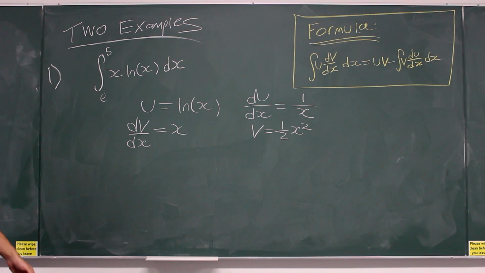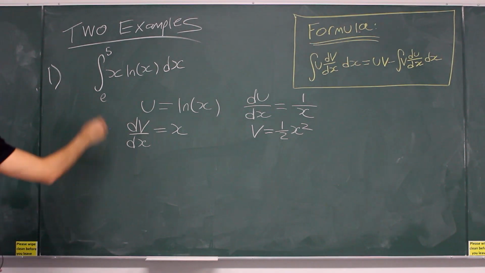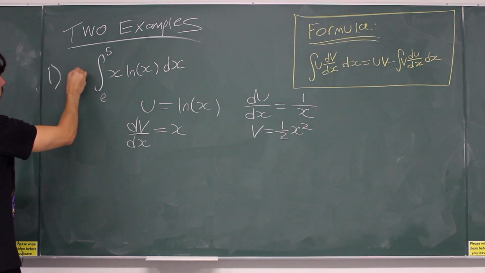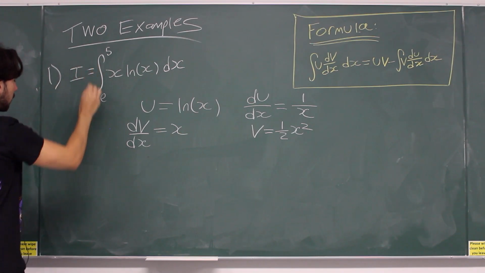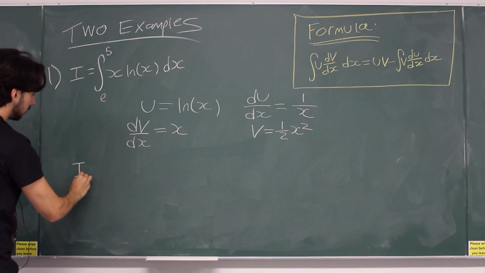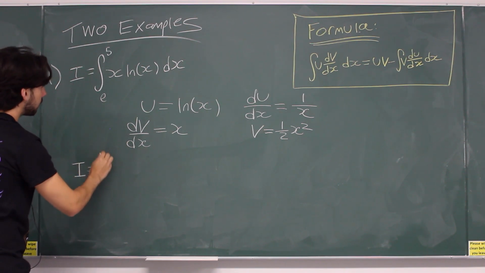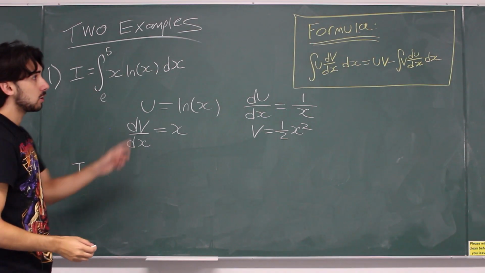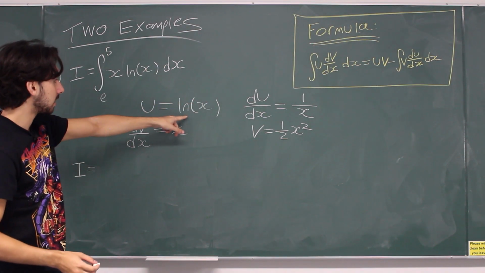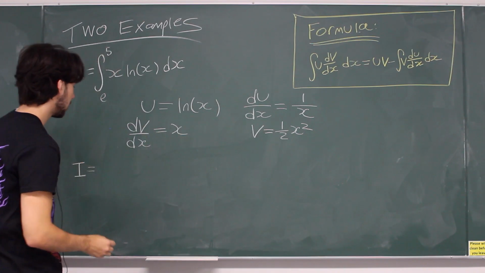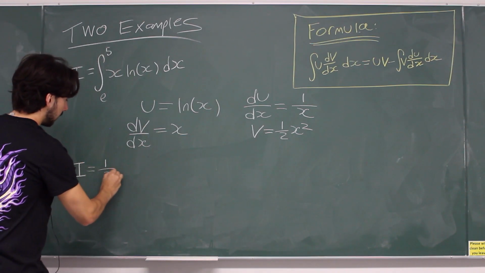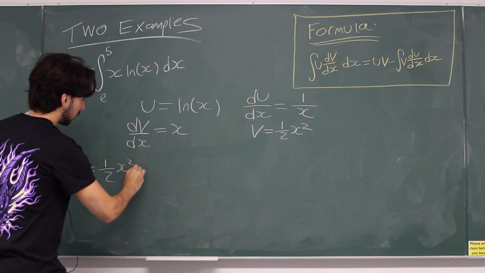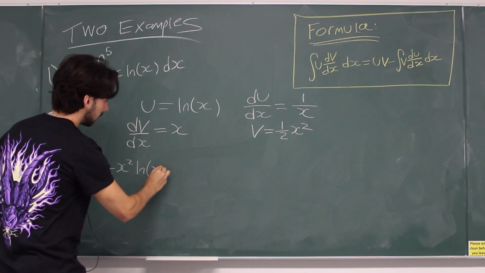Then what we're going to do, guys, is use the formula. By the way, I'm going to call this integral I, just so I can refer back to it a little bit easier. So the integral I is equal to, and we're going to plug everything in. This is u times v, so u is ln x and v is a half x squared. So we have a half x squared times the natural log of x.